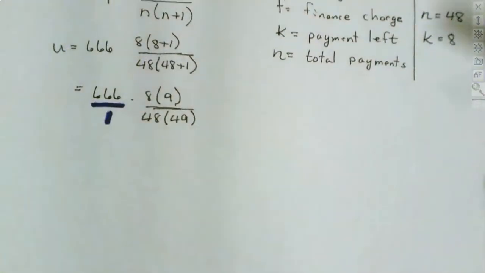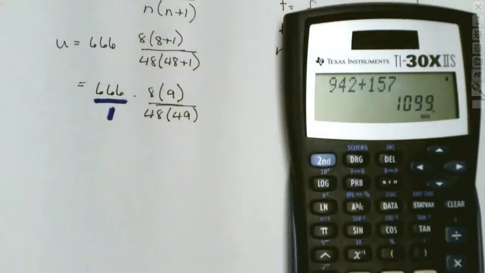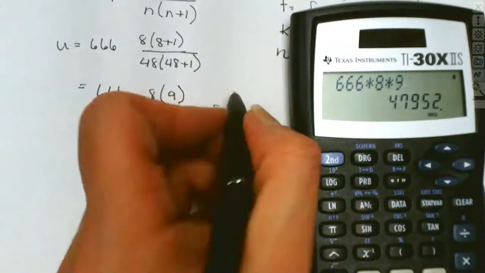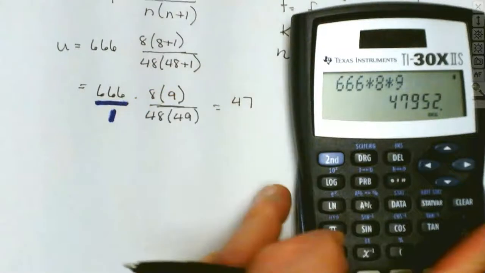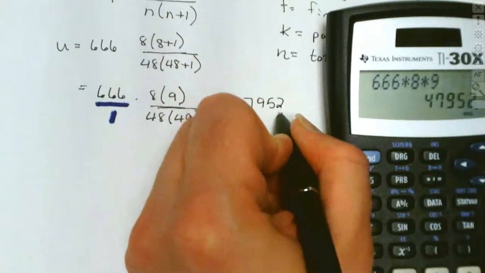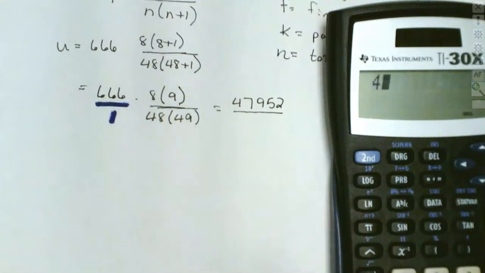So we're going to multiply across. So I'm going to make that 666. We're going to make that over 1. So multiply across the top. And you get then that 47,952 in the numerator. In the denominator, we have 1 times 48 times 49.